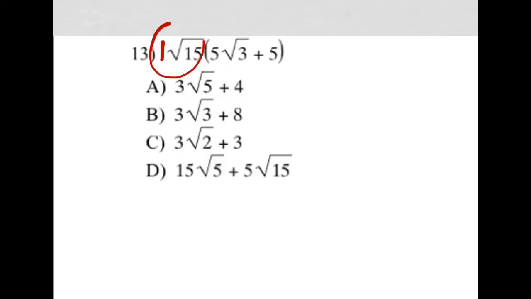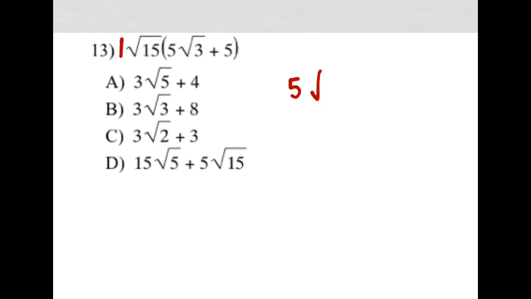So this times this, I'll end up multiplying 1 times 5. That's just 5. And then square root of 15 and square root of 3, that's 15 times 3. 15 times 3 is, what is that, 30 plus 15, 45? Yeah, 45, so that stays there. I'm going to have to reduce that later.